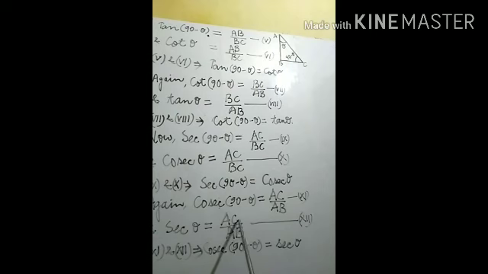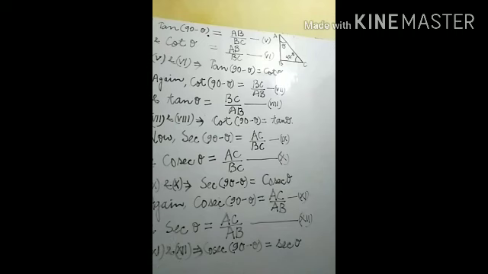Sec theta is the ratio of hypo to base. Hypo is AC and base is AB. So sec theta is also equal to AC upon AB. Now compare equation number 10 and equation number 11. So what will be there? AC upon AB is common, so that will be removed. So cosec 90 minus theta equals sec of theta.